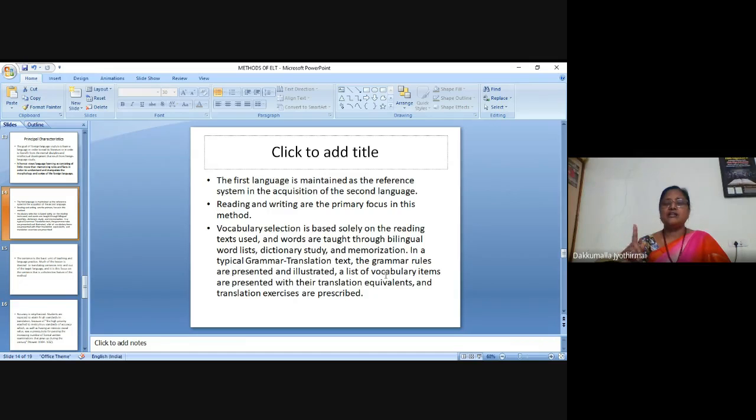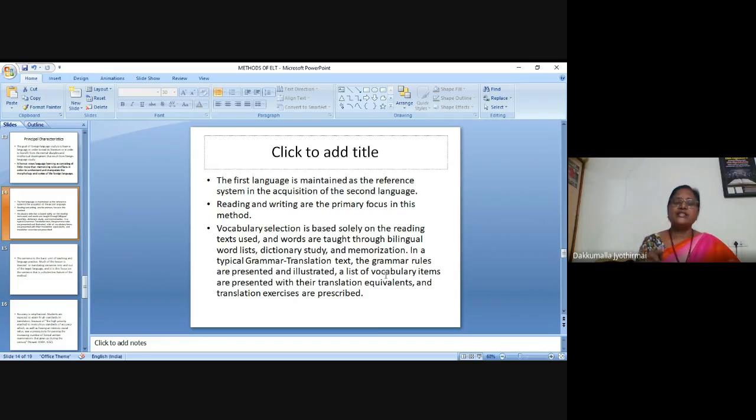Reading and writing are the primary focus in this method. See, listening and speaking are not at all emphasized. In the grammar translation method of teaching, one is emphasizing the reading and writing skills of that particular language rather than listening and speaking.